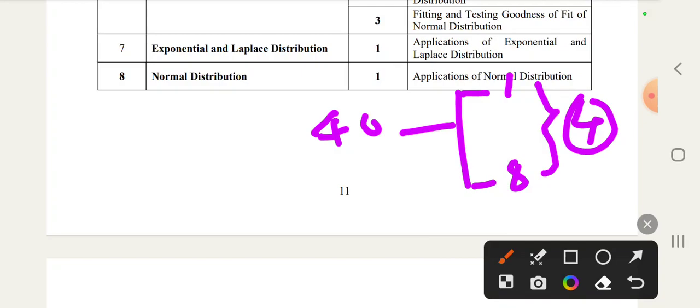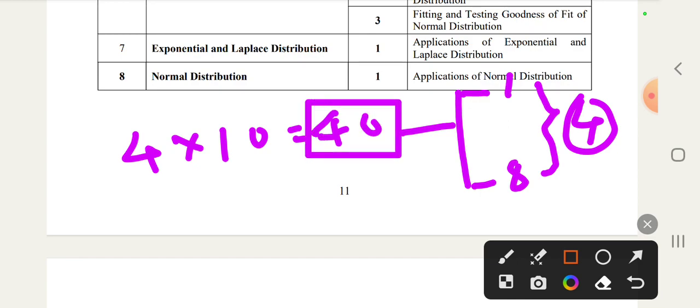Kindly understand the nature of the question paper also. There are 8 questions, you have to attempt any 4 questions, and each question carries 10 marks. So 4 questions are there, and each question carries 10 marks.